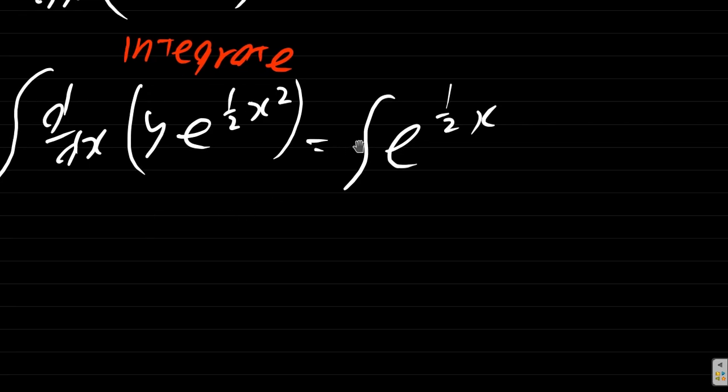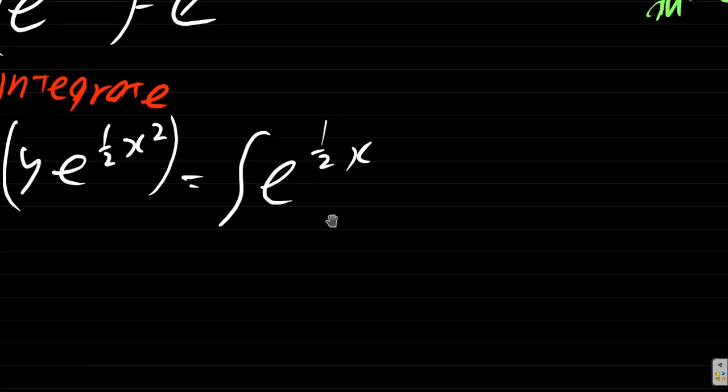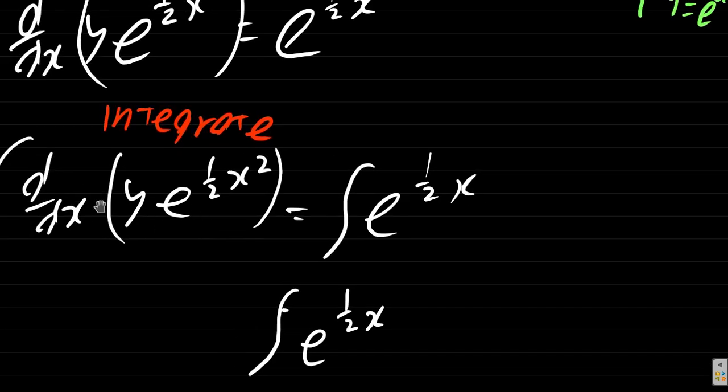Now, let's work this out first. What's the integral of e to the half x? We want to work that out. Now, dx. Oh, I have dx. I need to show what is the variable.